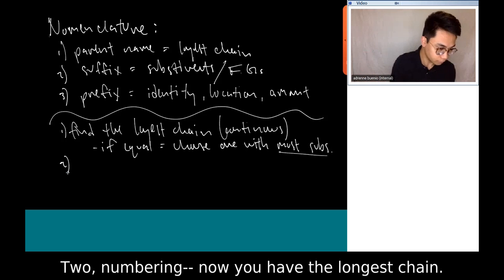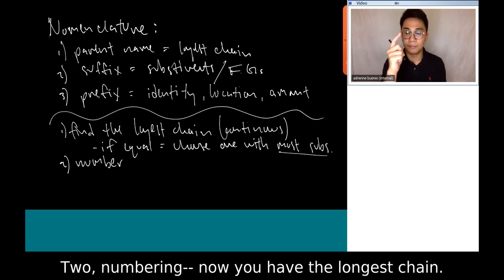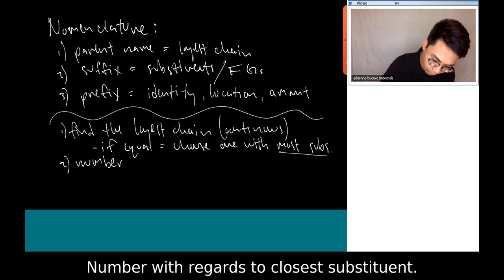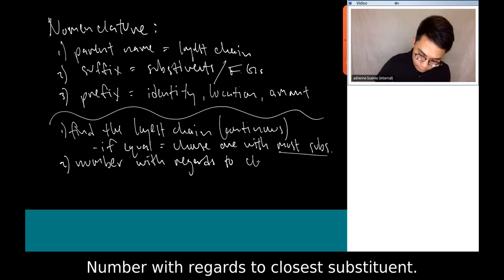Two, numbering. So now you have the longest chain, now you number it. Number with regards to closest substituent.